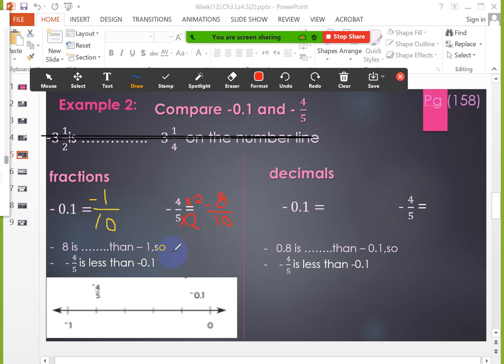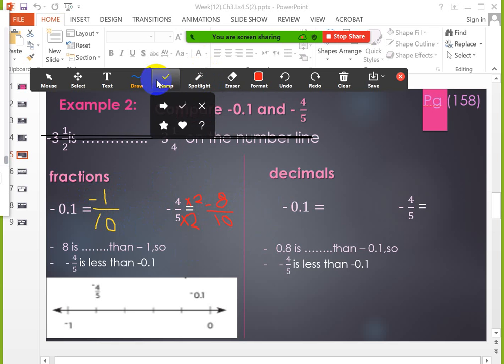Okay, now which one is the less? When I want to compare between two fractions with the same denominator, I will compare between the numerators. You remember that.